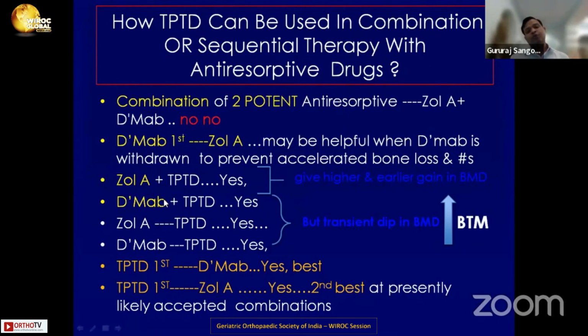You can use denosumab plus teriparatide definitely, and zoledronic acid first and then teriparatide definitely yes. Denosumab followed by teriparatide, also yes, though there is a transient dip in the BMD. But it is better: the first choice has to be teriparatide first and then followed by denosumab. The second choice is teriparatide first and then zoledronic acid. That is the second best.